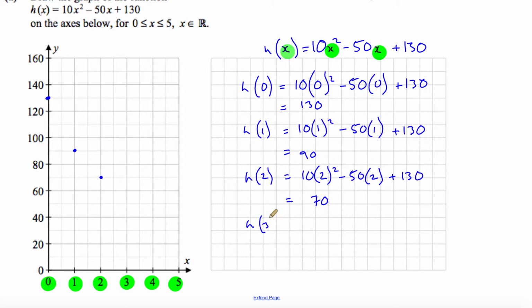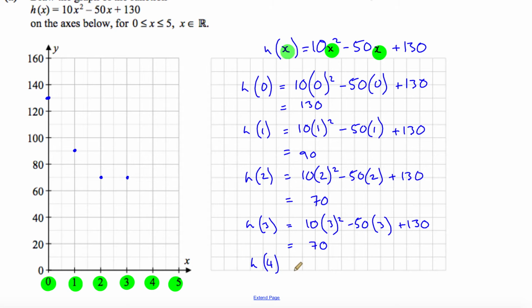Okay, h of 3 is 10 by 3 squared minus 50 times 3 plus 130. So 3 squared is 9, 10 nines is 90. 90 minus 150 is minus 60. And minus 60 plus 130 is 70 again. So when x is 3, y is 70.